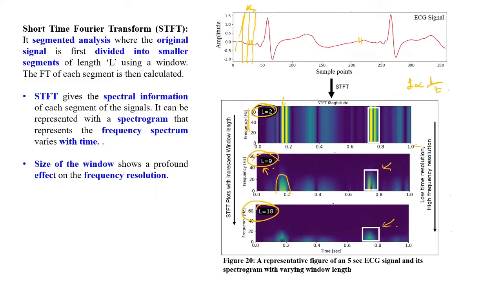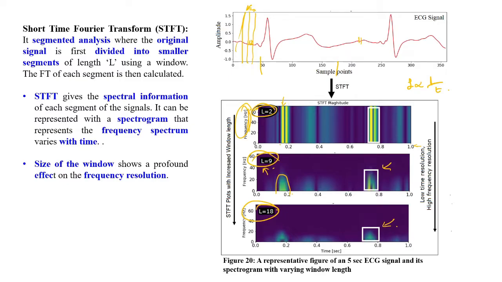When you make t very small, tending to 0, the frequency tends to infinity. That means we are losing the frequency information. When your time window is short, your frequency resolution is lost and time resolution is increased.